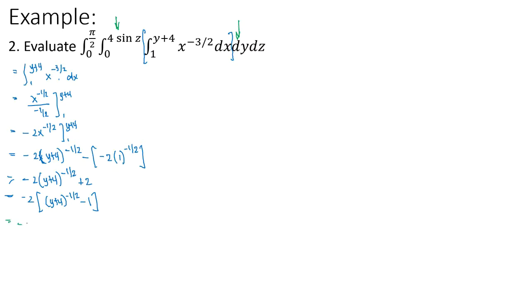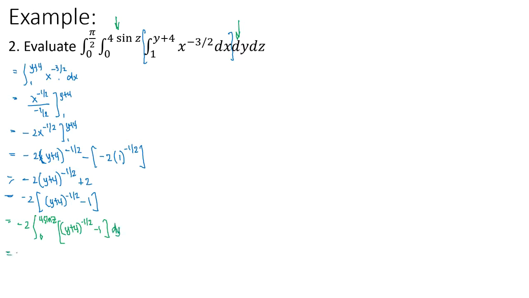So we have dy and we have 0 to 4 sine z as our limit. So we have negative 2, put that out because it's constant. So we have 0 to 4 sine z. Then we have this y plus 4 raised to negative 1 half minus 1. That is in terms of y.